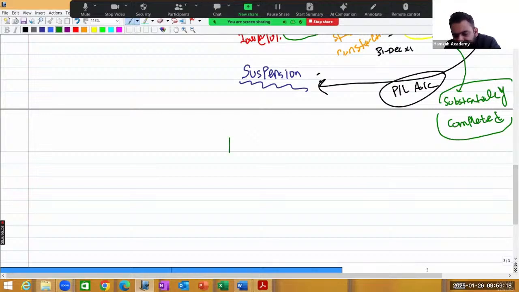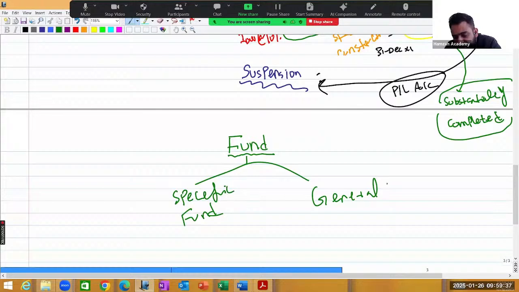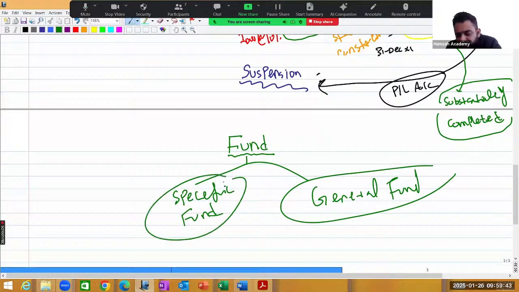Now the borrowing funds which we use to construct or acquire a qualifying asset could be specific funds or general funds, also known as general loans or specific loans.